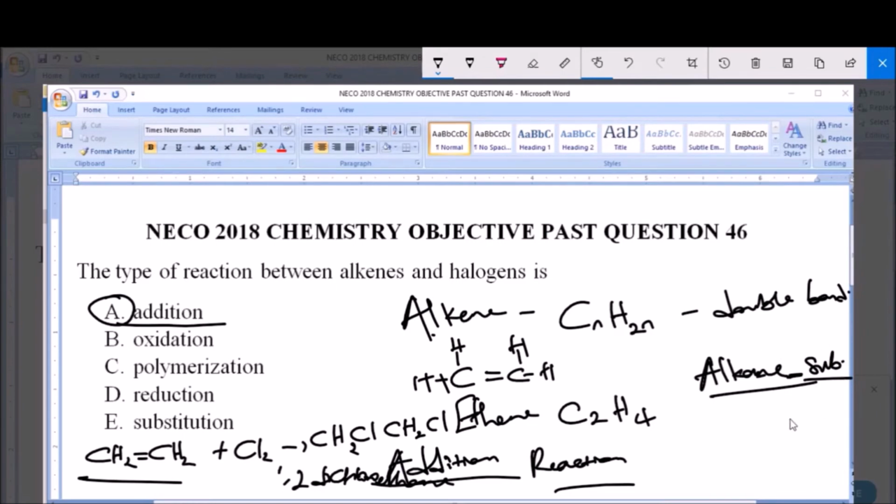Halogen atom. Also, the alkynes can undergo both addition and substitution reaction. That's for the alkynes. So take note of this. Alkenes can only undergo addition, alkane only substitution, and alkyne both addition and substitution reaction. So the answer to this question is option A, addition reaction.